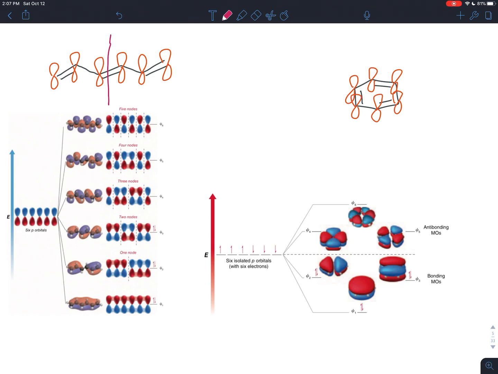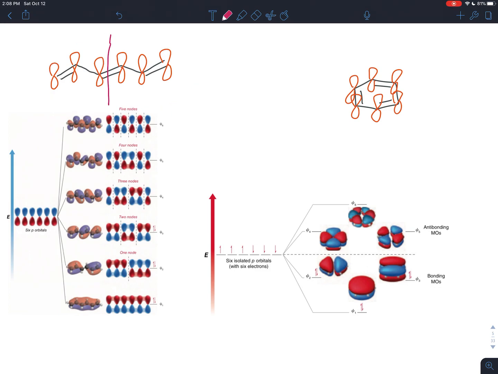Or you can imagine, and it doesn't matter which bond you put it through, the molecule is symmetrical, so that all of the bonds just represent one wave pattern. Or you could have them going through the atoms, and that's representing this other wave pattern here, so that you only have one node. In this case, the node goes through the atoms. So there are two ways to have one node, unlike in a linear molecule.